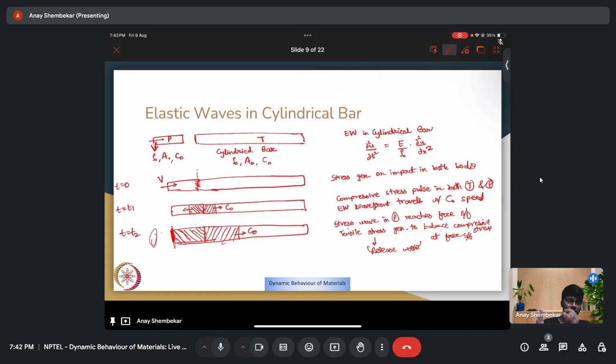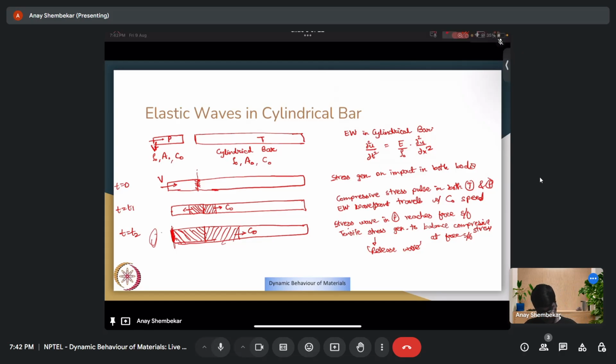Then the compressive stress wave inside the projectile reaches the other surface, which is the free surface, causing a tensile release wave to start off from that point, which moves only in the right hand side, because there is no more material left on the left of the free surface.